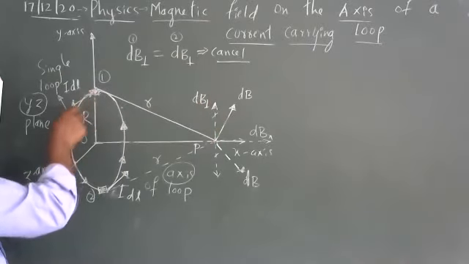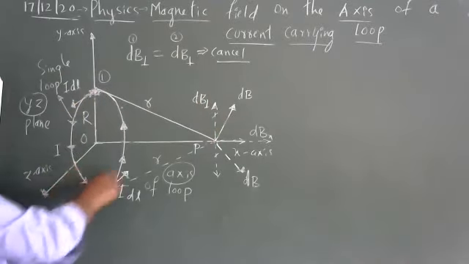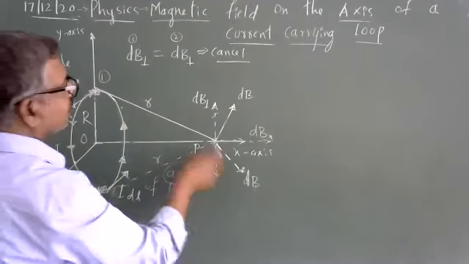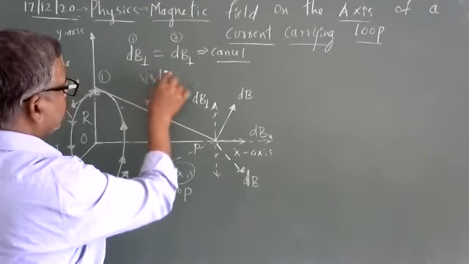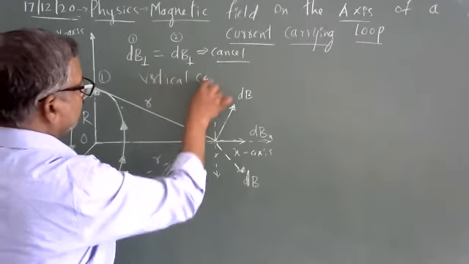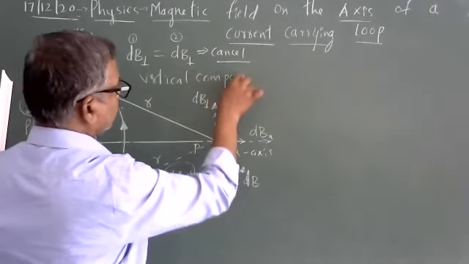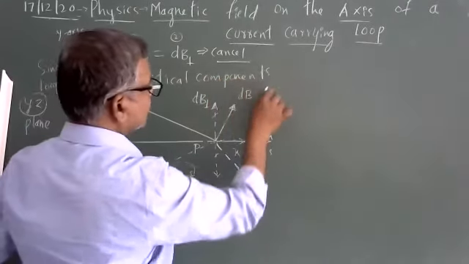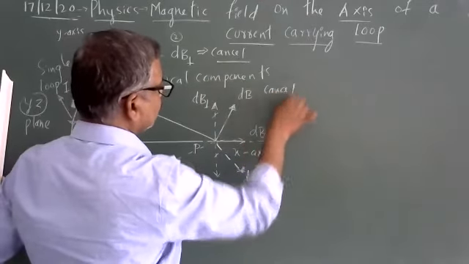Similarly, if you go on considering any current element on this particular loop, all the vertical components cancel each other.